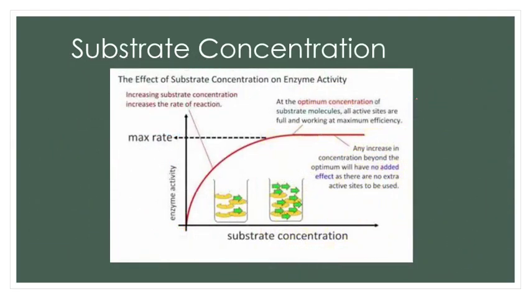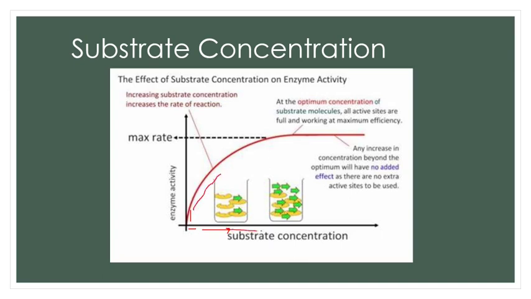Now let us see how the substrate concentration affects the rate of enzyme activity. If you see this graph, on the x-axis there is substrate concentration, on the y-axis there is enzymatic activity. Initially, when there is less substrate, the enzymatic activity is less. Then as you increase the concentration of the substrate, the enzymatic activity also increases.